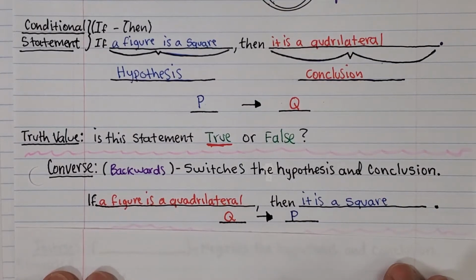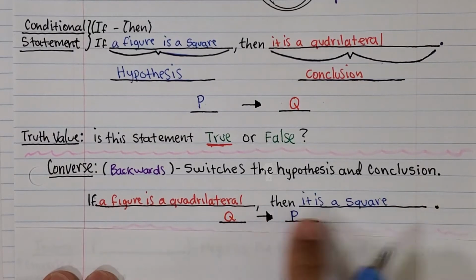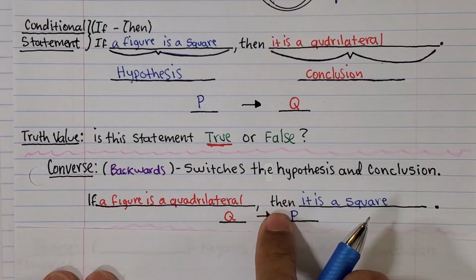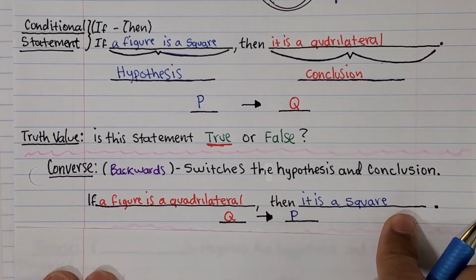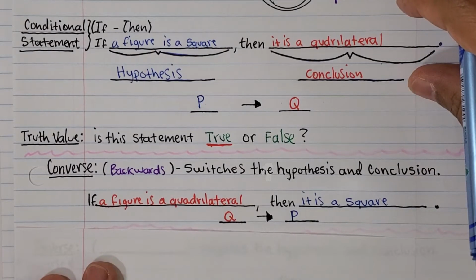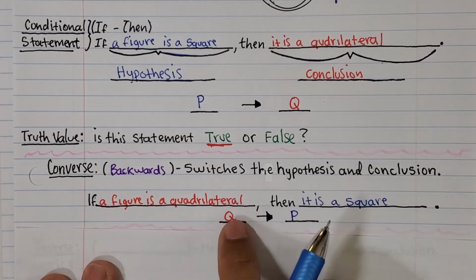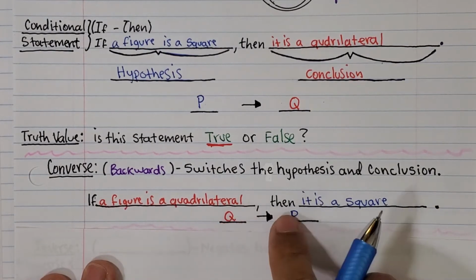Now I want you to think about the truth value of this one. Is this true? If a figure is a quadrilateral, then it is a square. Is that a true statement? And the answer is that this one is not. I can give you one counterexample, because it's saying if a figure is a quadrilateral, then it is a square.